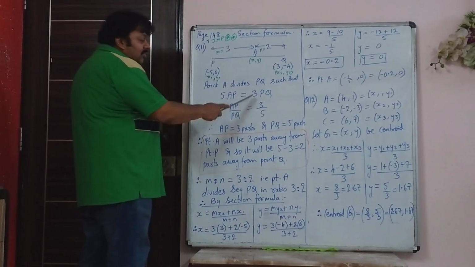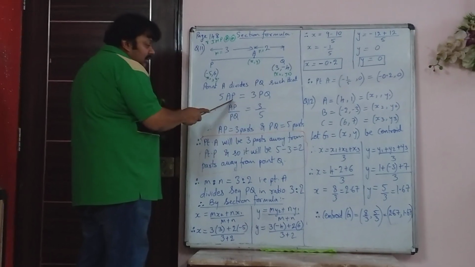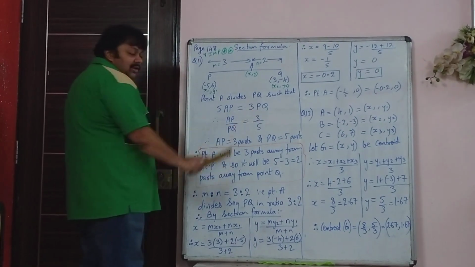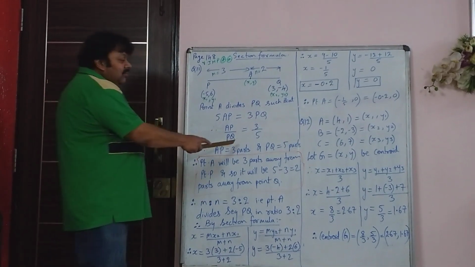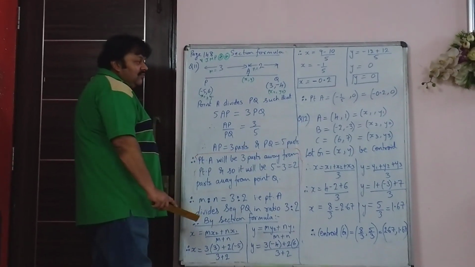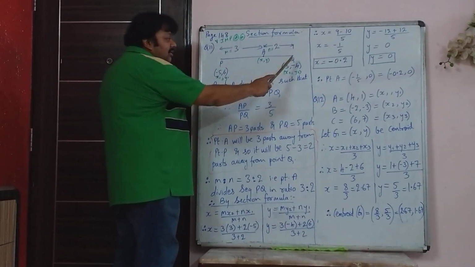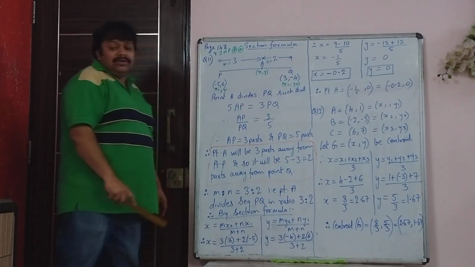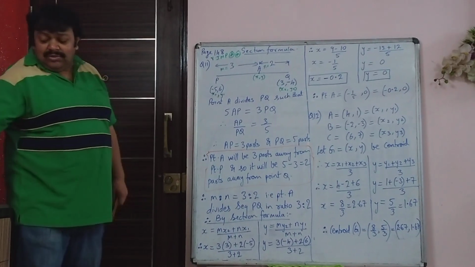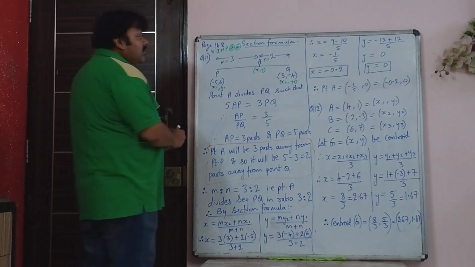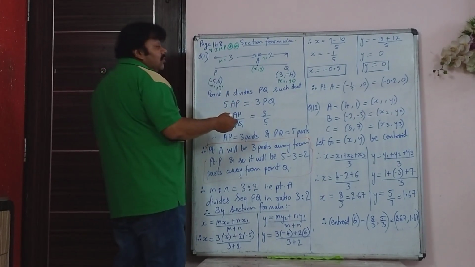So AP upon PQ, if you bring PQ below, then 5 will go below 3. So AP upon PQ is 3 upon 5, which means that if AP is 3 parts, then PQ is the full 5 parts. What was given in the sum? It was told that PQ is divided into 5 equal parts.